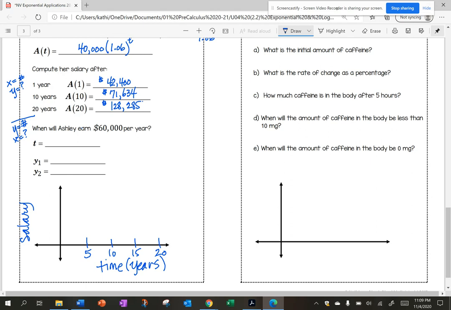So I'm going to count by 25,000: 25, 50, 75, 100, 125. So now I want to kind of rough in my points. At 0, I had 40,000. At 1, 42,400. At 10, 71,000. And at 20, 128,000. So I'm just kind of roughing in what my curve looks like.